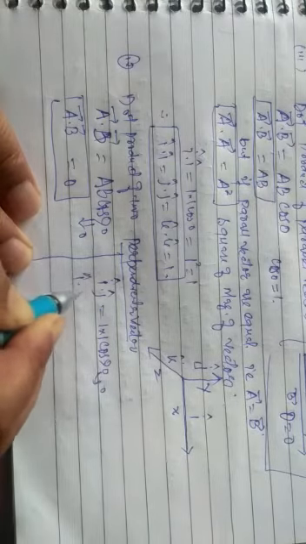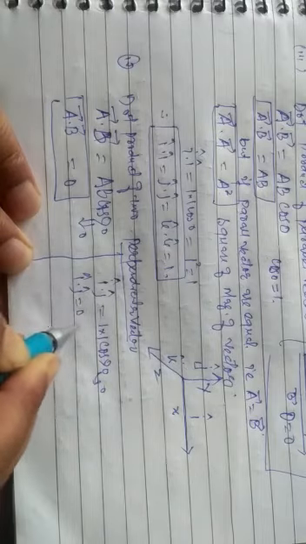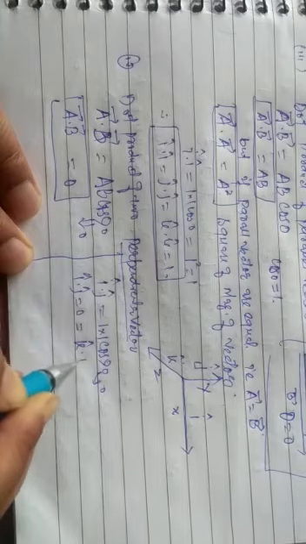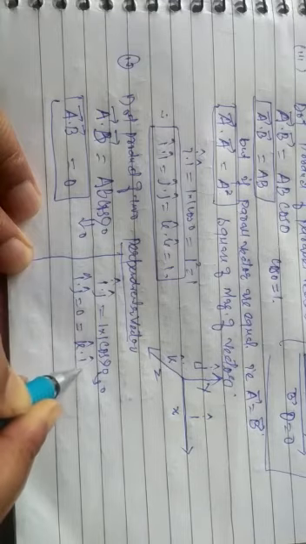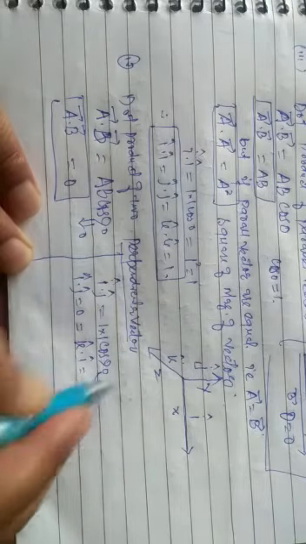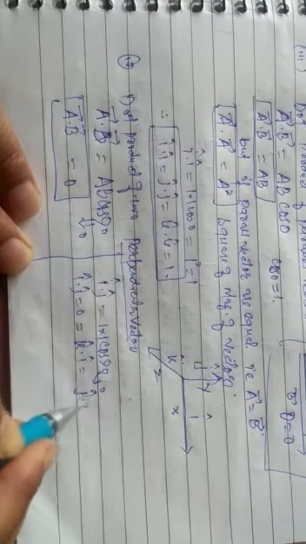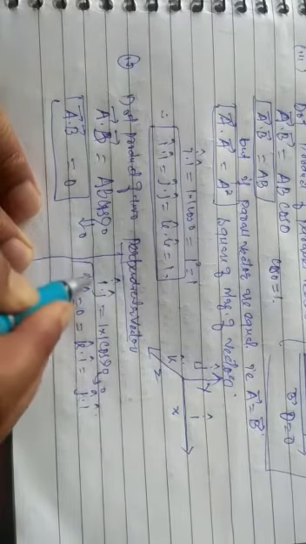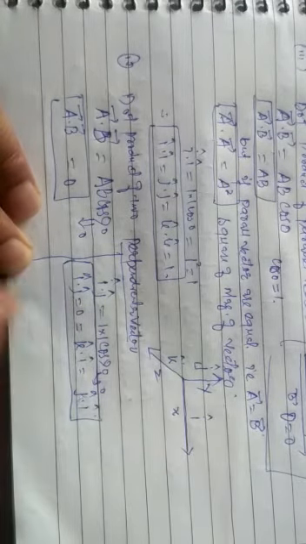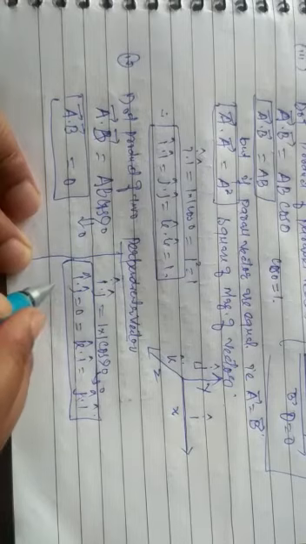Therefore i dot j is equal to 0, is equal to k dot i, is equal to i dot j and is equal to j dot i.